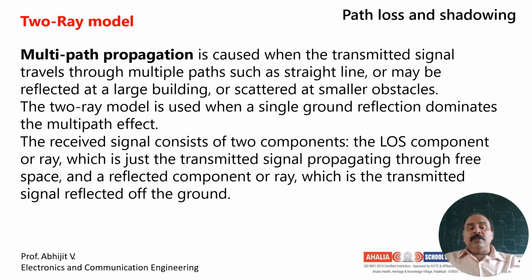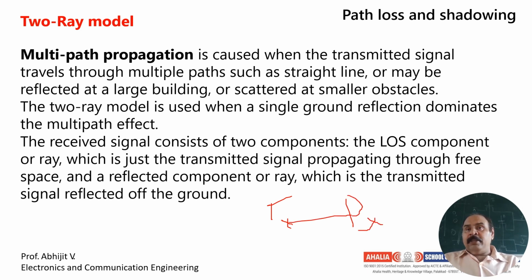The received signal consists of two components: the line of sight component, or ray, which is just the transmitted signal propagating through free space, and a reflected component, or ray, which is the transmitted signal reflected at the ground. In the two-ray model, suppose this is the transmitter and you have a receiver, Rx.